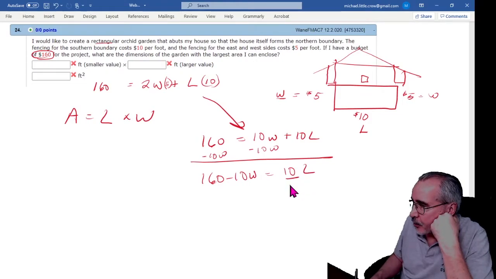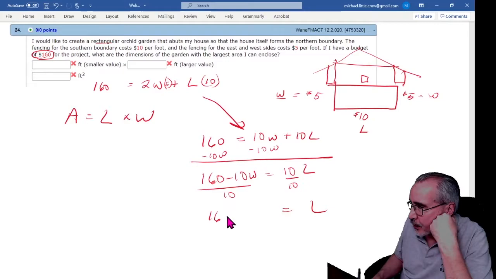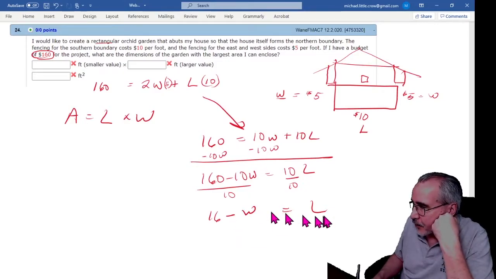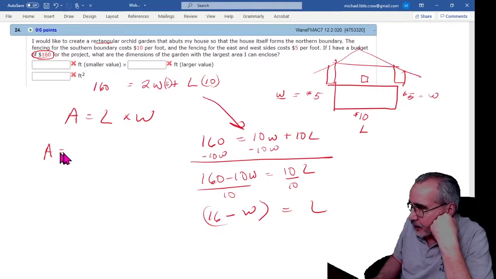So divide both sides by 10, and you get that the length is equal to 16 minus W, distributing the 10 to both terms. So we can replace L with this, and we get an area that's equal to 16 minus W times W.